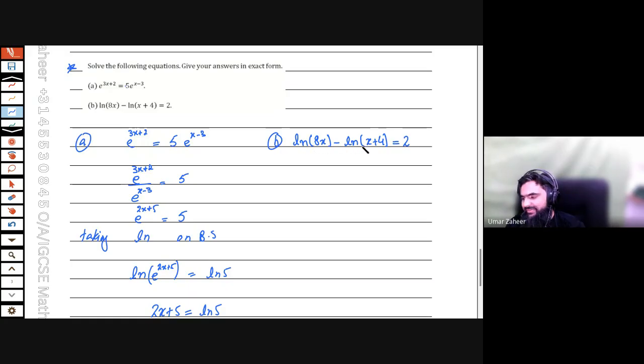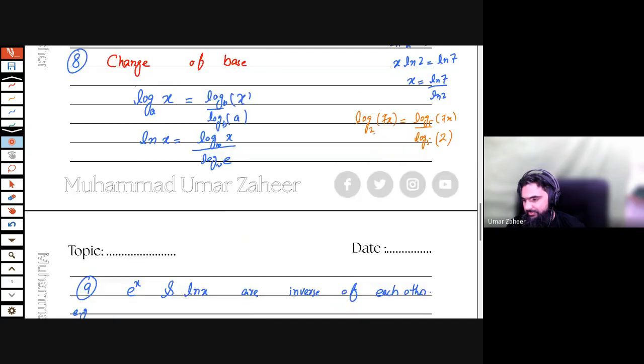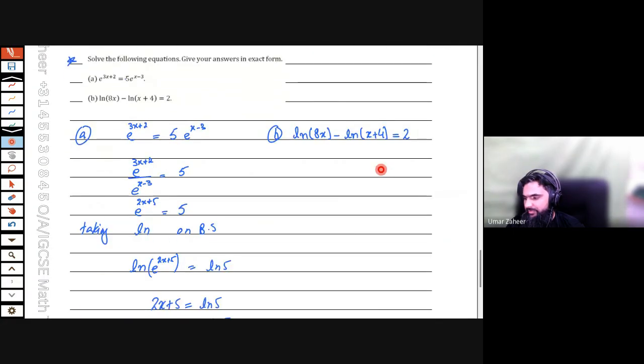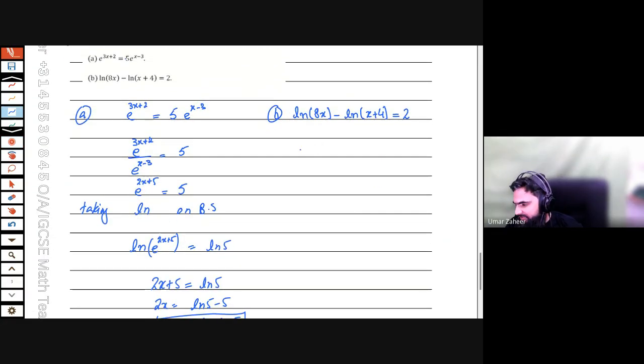So look at here, these values are subtracting. So we can write it in the form of division. Look at here, the two logs are subtracting, so we can write it in the form of division. So we can write it as the natural log of 8x divided by x plus 4 is equal to 2.